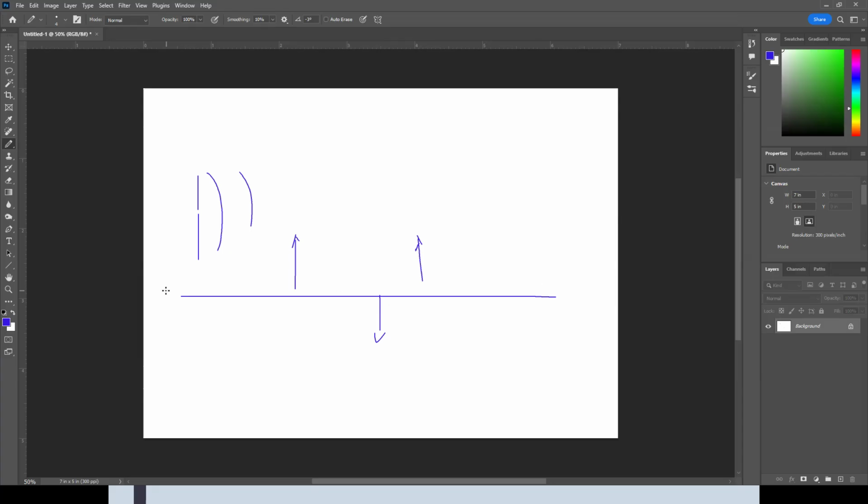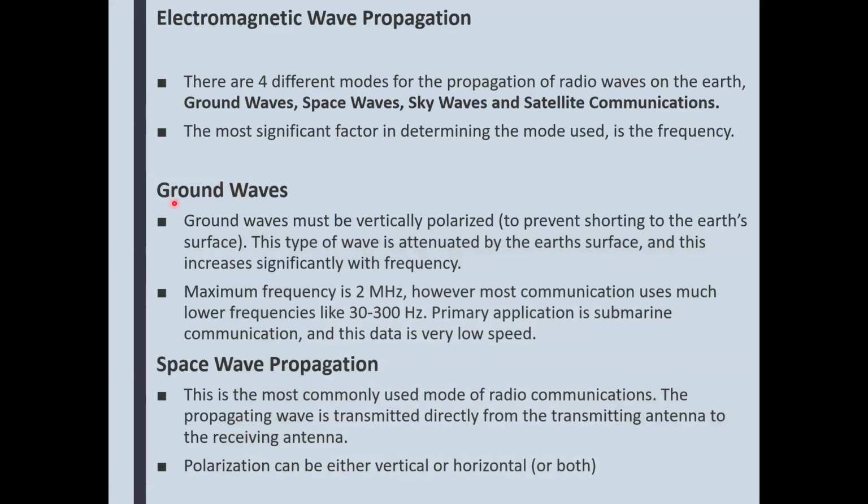If you have an antenna that is parallel, then because the Earth is resistive or conductive, all those E fields are going to be shorted by the Earth. That's as simple as that one gets. So these are the ground waves.